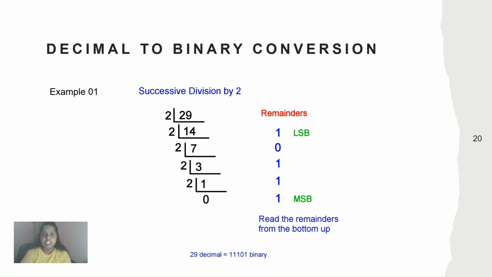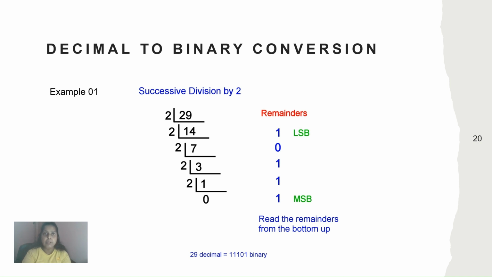Decimal to binary conversion. Look at this conversion example. In this example, the number 29, we are dividing by 2 again and again until we reach 0. 29 divided by 2, answer is 14. If you can directly get the answer, do it like that.